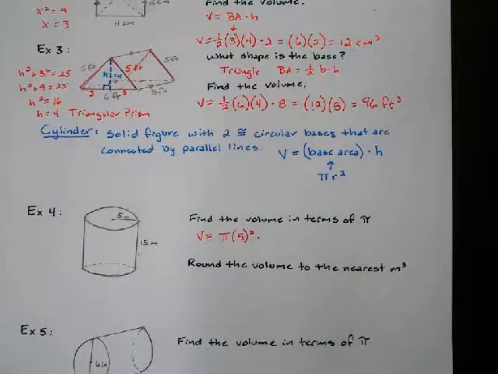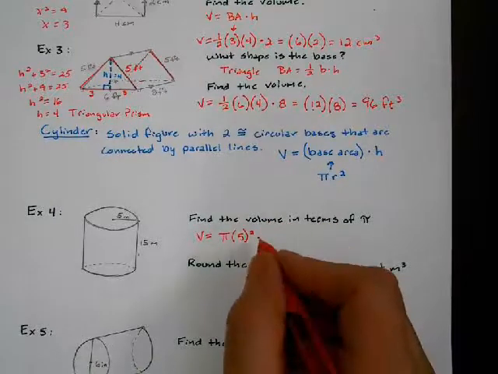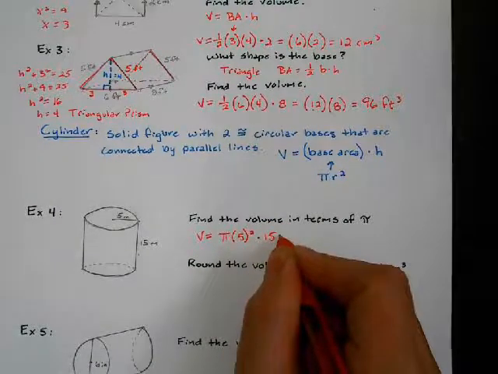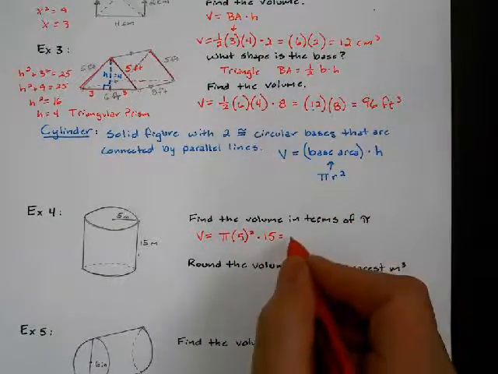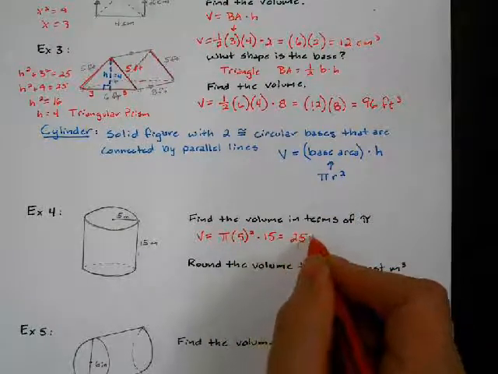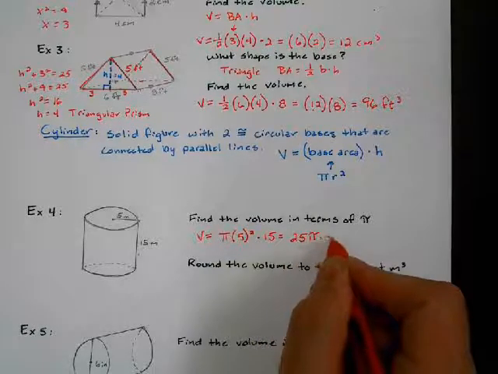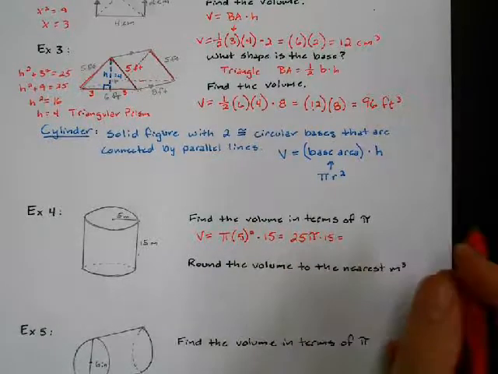So this is 15. So 5 squared is 25. So I get 25 pi times 15. And 25 times 15 is 375.